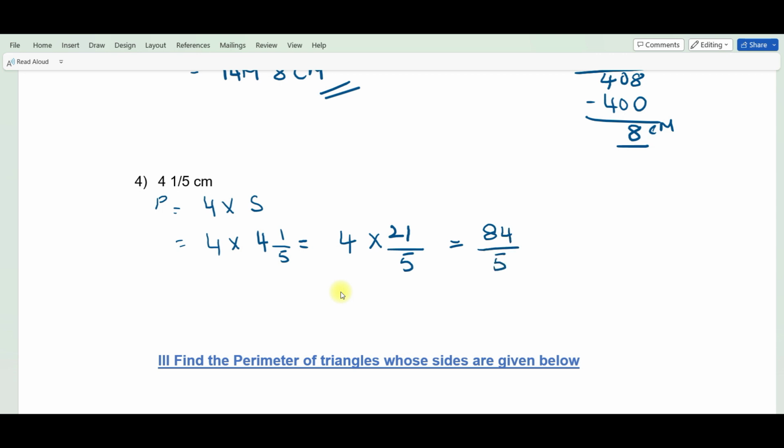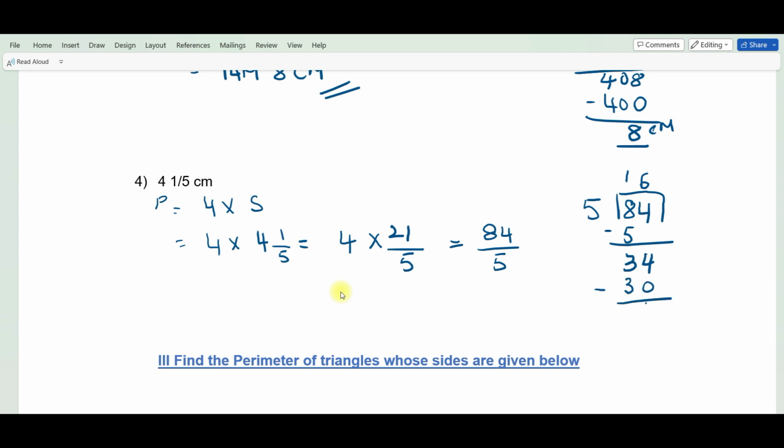Now we had a question with a mixed fraction, so we also have to convert this to a mixed fraction. You can convert an improper fraction to a mixed fraction by the division method. So I have 5 1 time, which gives me 5. When I subtract 5 from 8, I get 3. I carry this 4 here. Now I have 6 times 5, which gives me 30.